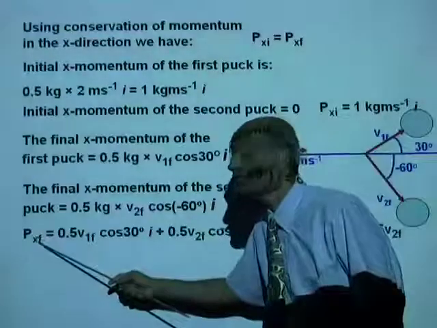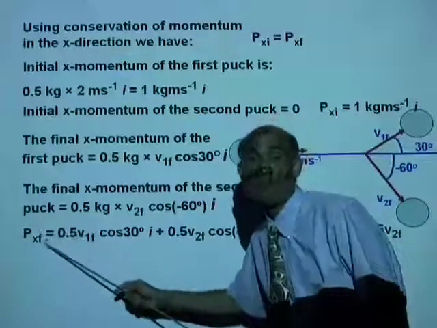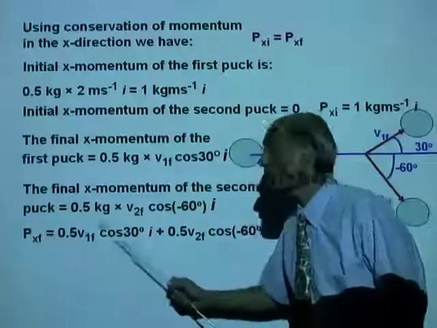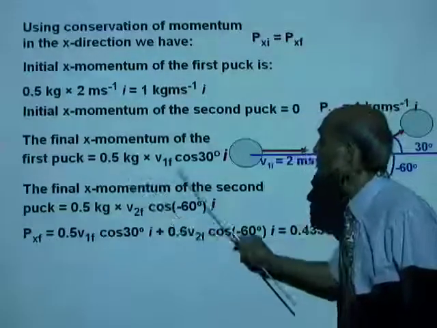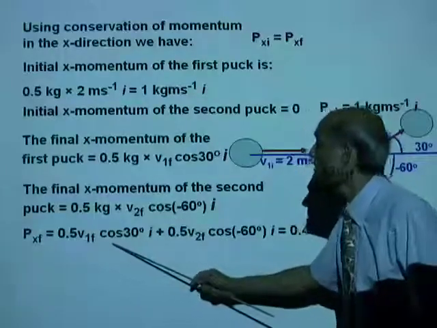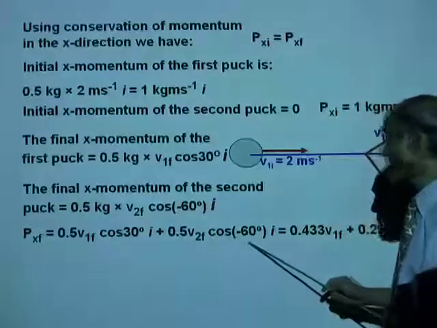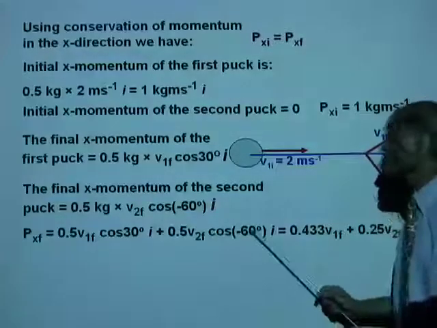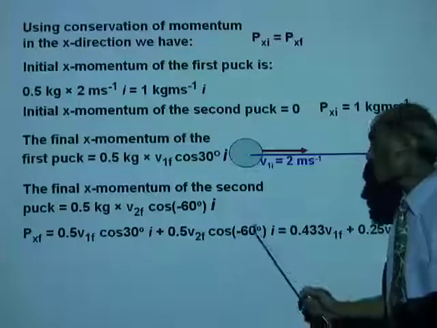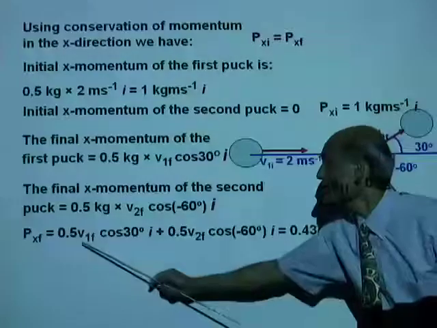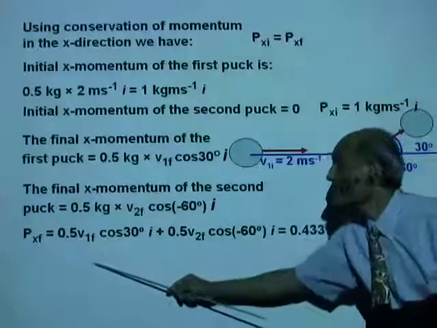So PXF, final momentum in the x direction, is 0.5 V1F cos 30 degrees I plus 0.5 V2F cos negative 60 degrees. Use your calculator to simplify these values.